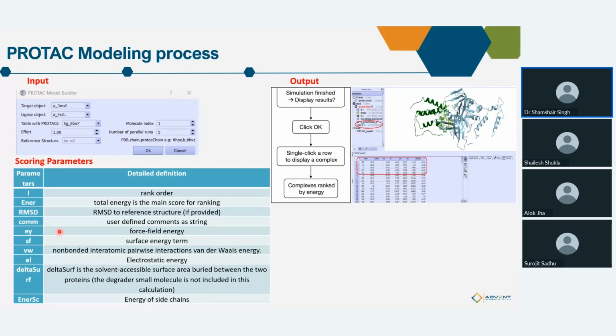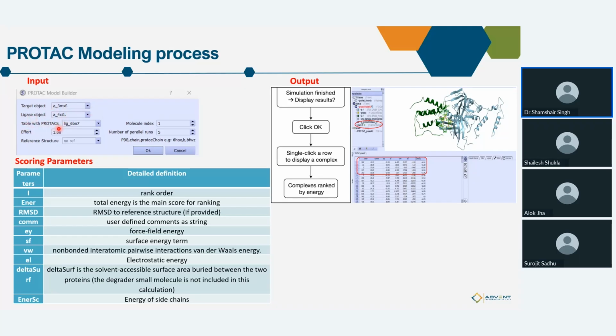And to see how it looks in the tool, again, this is a very straightforward approach. This is the input where you give your target object, our protein of interest. Again, this is a ligase object, right? And this is the table of PROTACs.